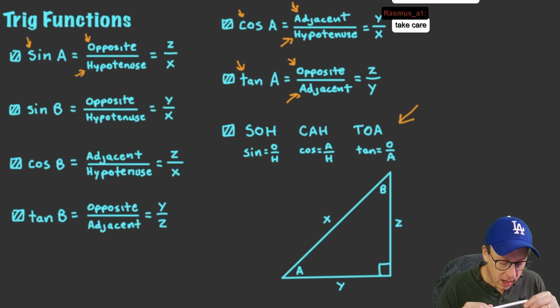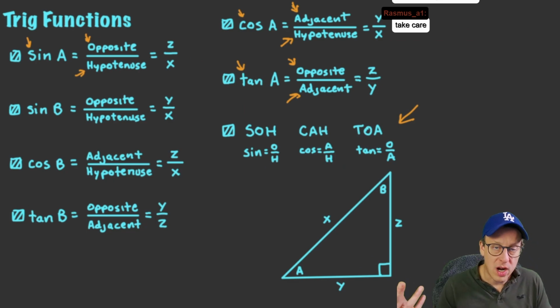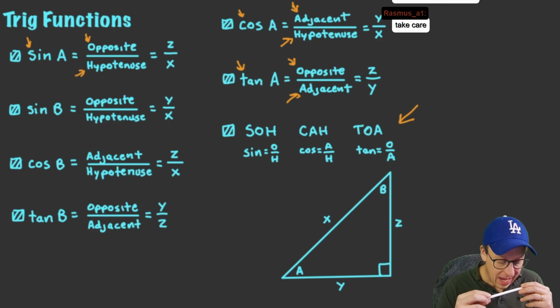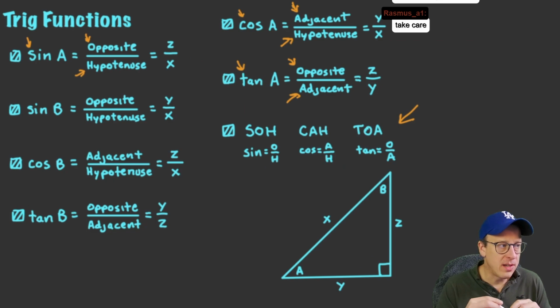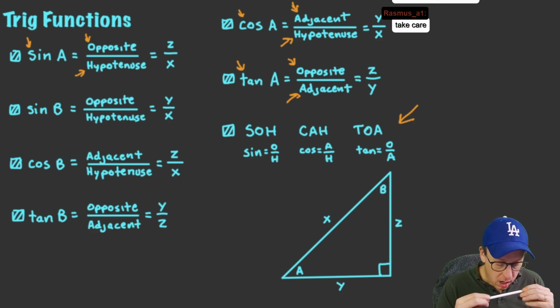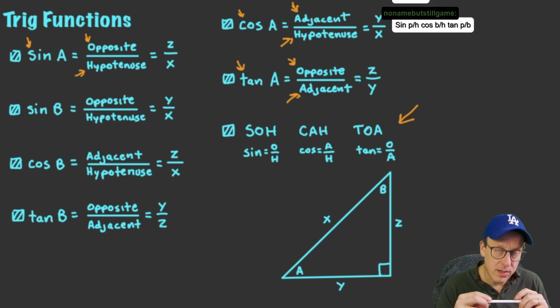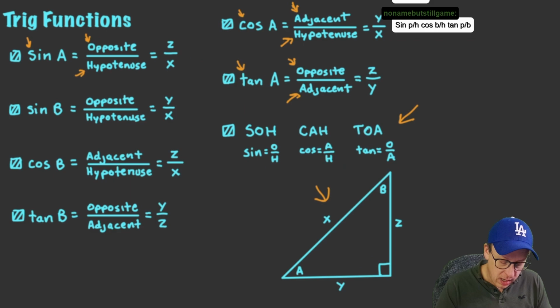And of course, we are referring to the opposite, the adjacent, and the hypotenuse, and we're trying to calculate the value for these angles. The opposite would be the leg or the side that is opposite the angle, and this is the hypotenuse, and so the adjacent would be the side of the triangle that is not opposite of the angle.